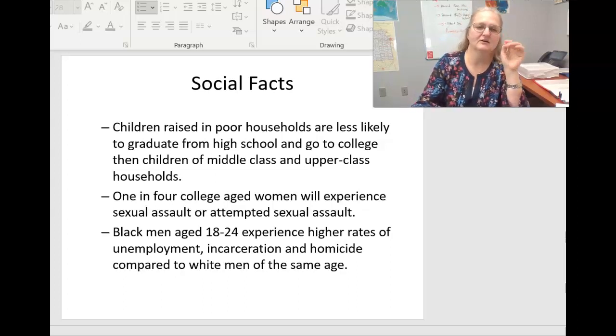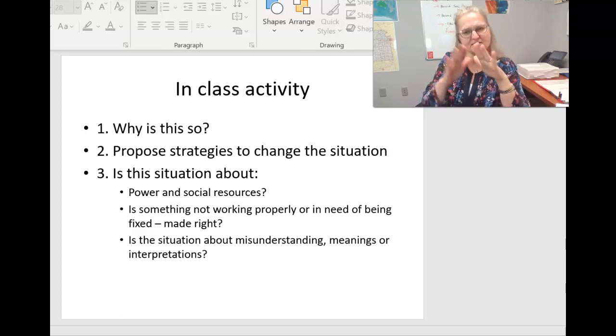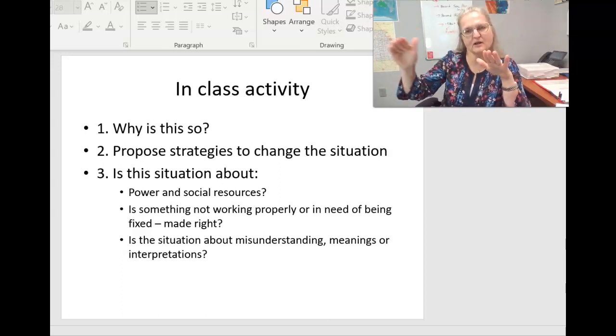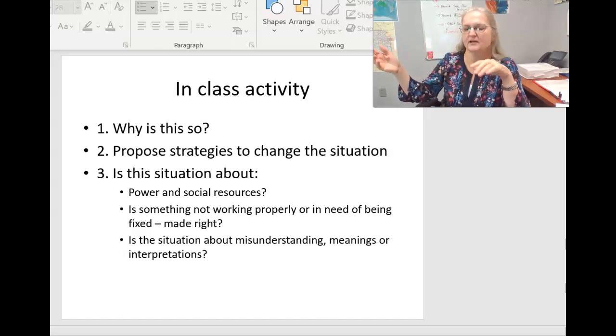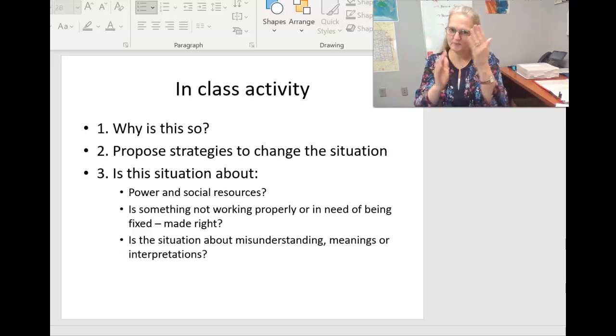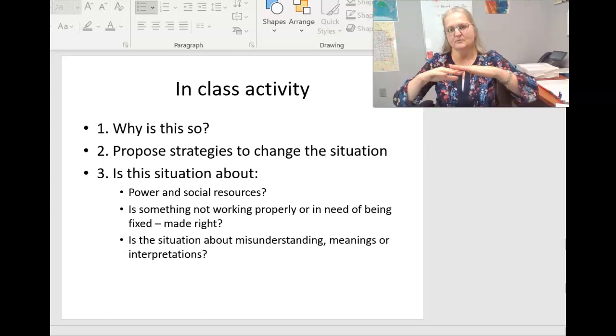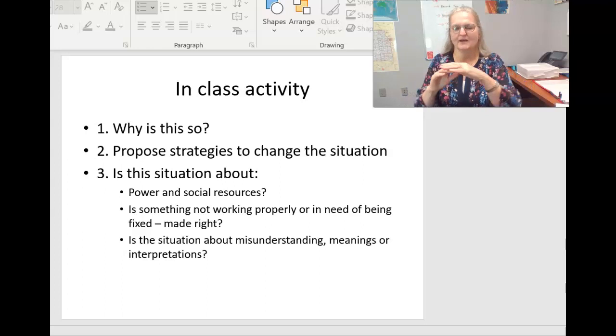When I do this as an in-class activity, sometimes it helps to get to the theory question this way. This is what we often do as social scientific researchers: we don't just start with a theory, but we try to explain all the pieces. Kind of like when you do a puzzle, you're sorting out all the blues and all the reds before you start putting them together.